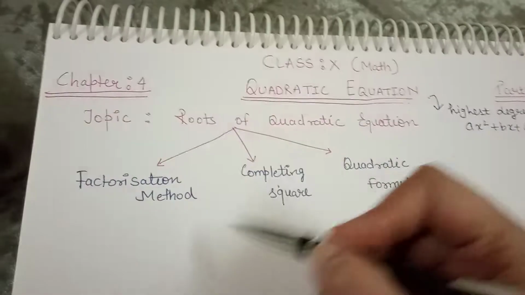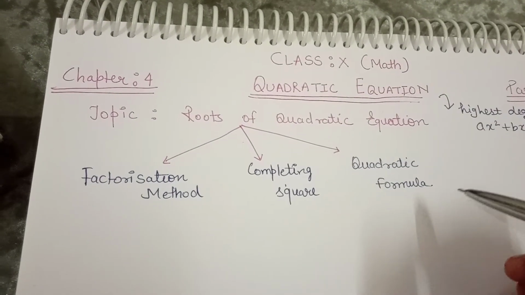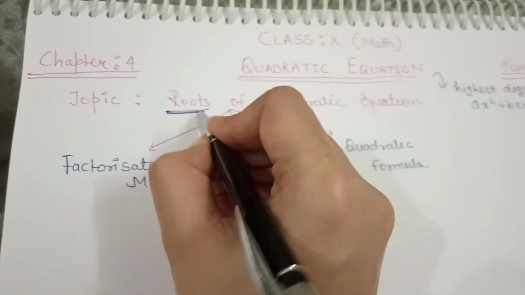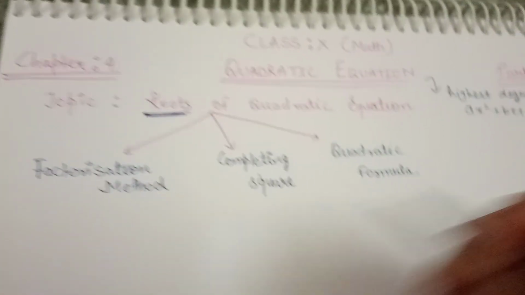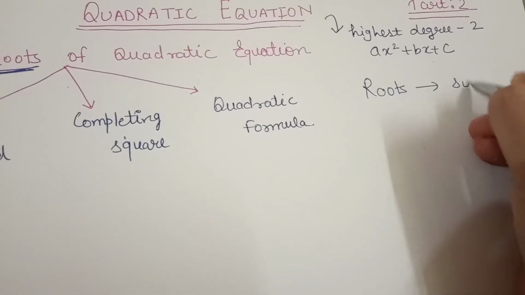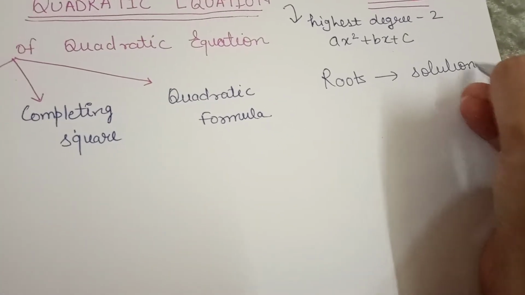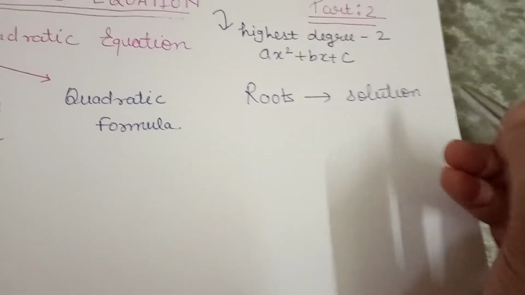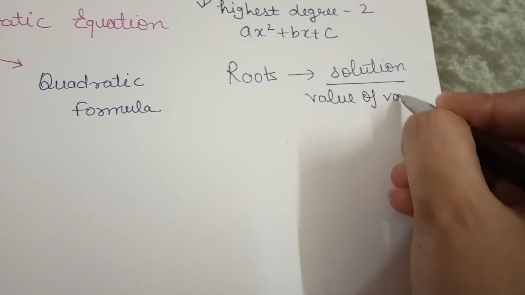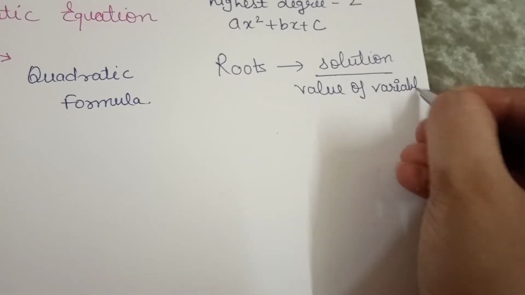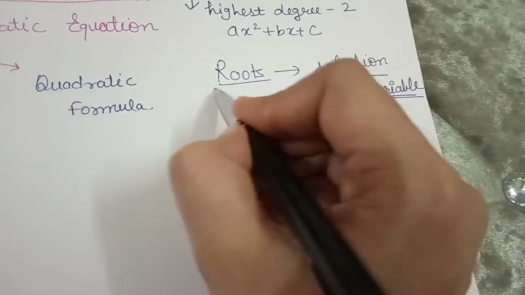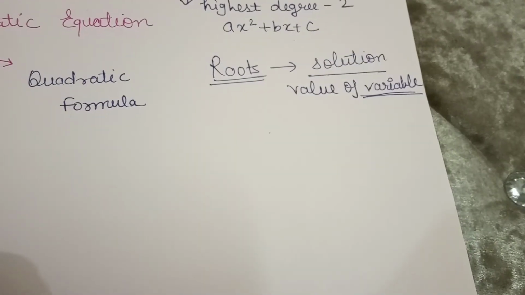So before telling you the methods of finding out the roots of quadratic equation, I want to tell you what roots are. What does this word mean? Roots means solution of quadratic equation. Solution means the value of the variable which is there in your quadratic equation, and the values of that variable are called roots of quadratic equation.